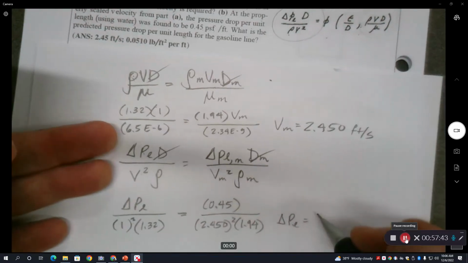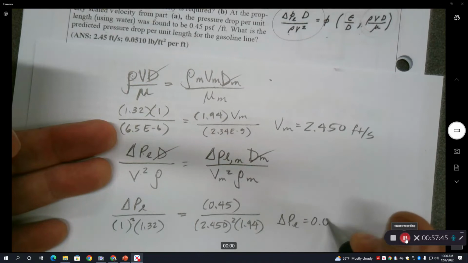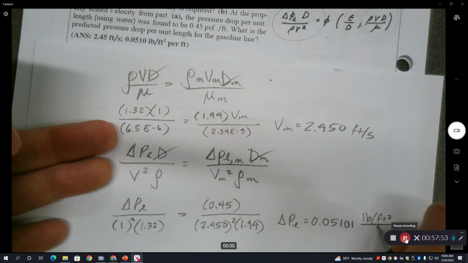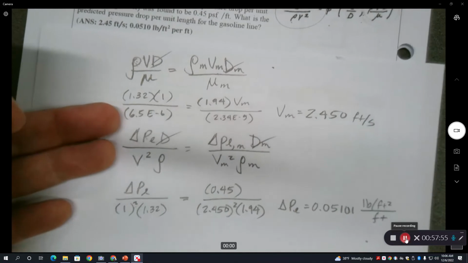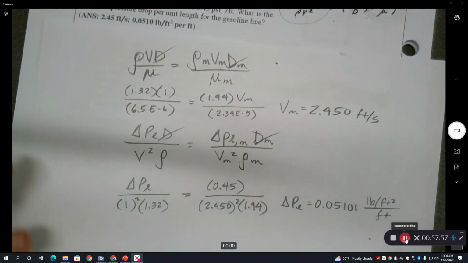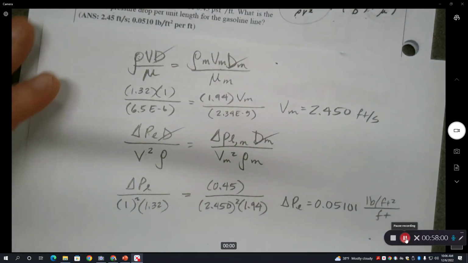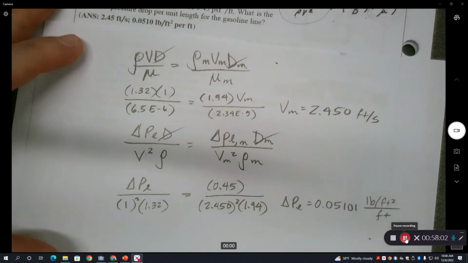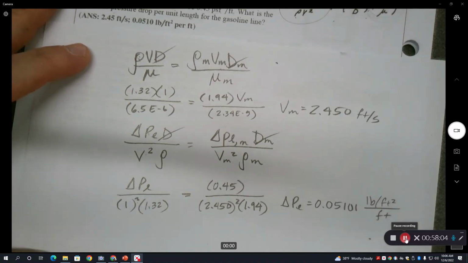So we end up with 0.05101, and these are pounds per square foot per foot. Which I believe is what the answer is.